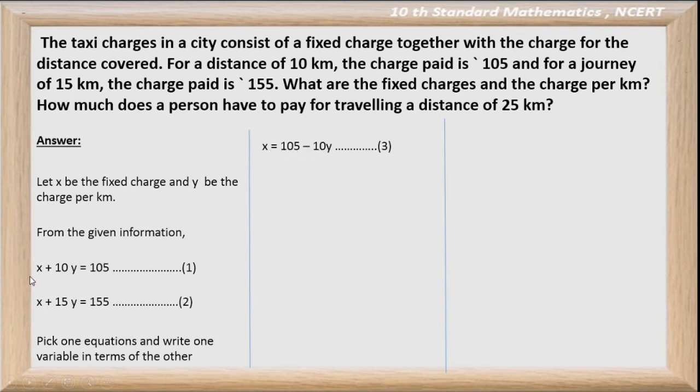In this I can write x equal 105. Here this 10y is addition. It will go to this side, so it will be subtraction. So x equal 105 minus 10y. Make this equation as 3. Now we can substitute this x value in equation 2.